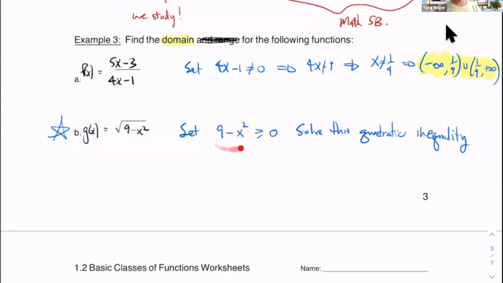When I see this, I'm automatically thinking something, and I want to know if you guys are thinking the same thing I'm thinking. So what do you think when you see this expression right here? Anyone? Nothing. So you're not thinking a difference of two squares like I am?